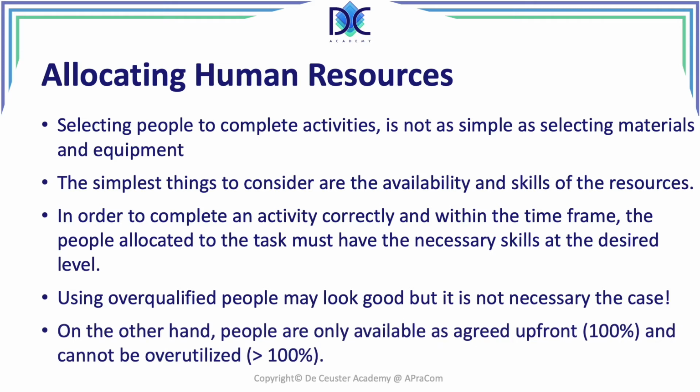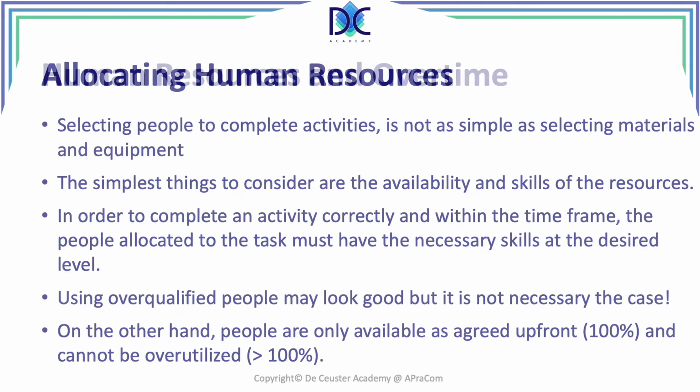Now, when we look at human resources, we also have to see they are only available as we agree upfront. So, for example, if somebody will work for your project for 8 hours, that means 100%. When they work for your project 4 hours, that's again 100%. And it's impossible to overutilize the people. You cannot use them over their allocated time.